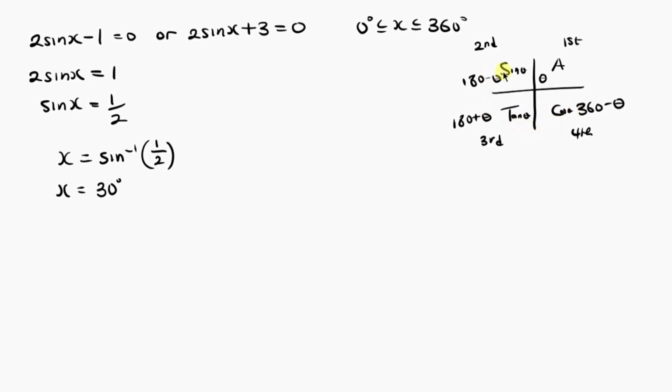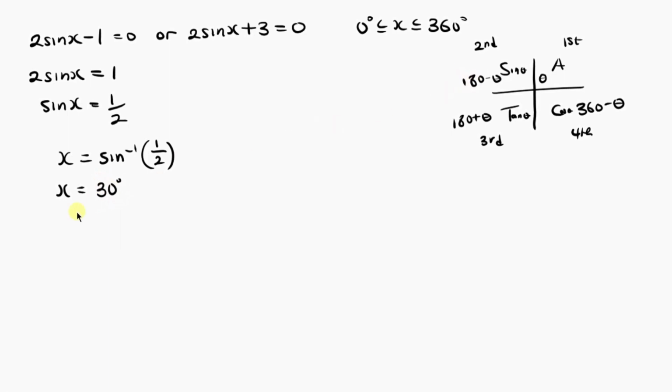So we only have sine positive where we have S on a quadrant. So sine appears in the second quadrant, which means in the second quadrant, sine is positive. That means we're going to be using this formula, 180 minus theta. Remember, theta is the angle between 0 and 90, and that is this angle we have here.